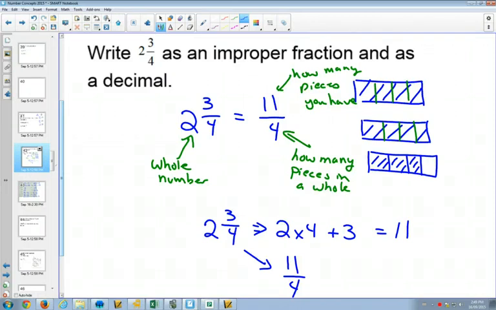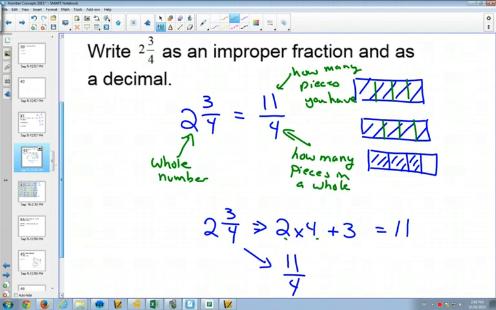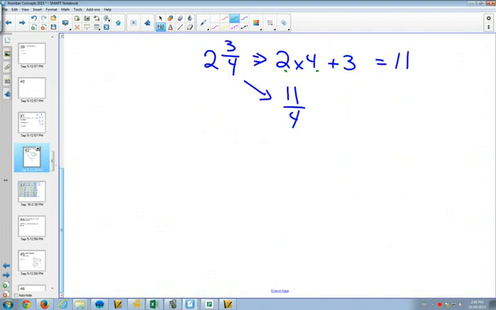Because each of my whole ones, and I have 2 whole ones, has 4 pieces. So I'm going to get you to try one. Imagine you have 3 chocolate bars and 5/6. What would that be as an improper fraction?